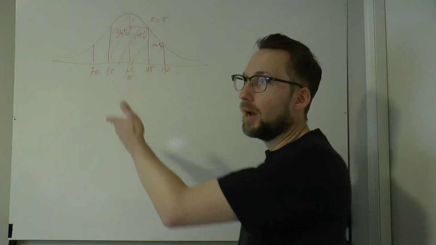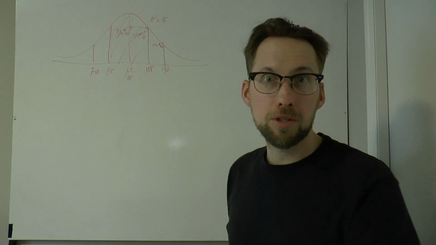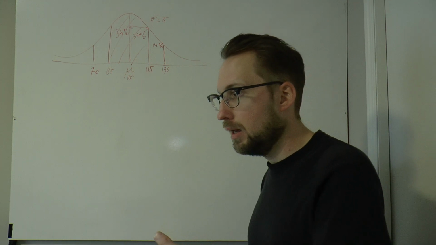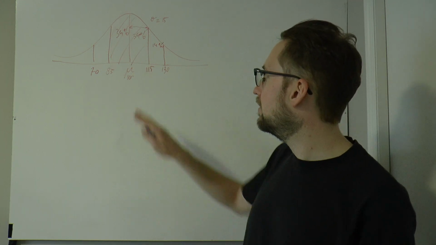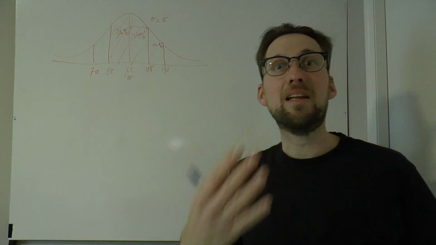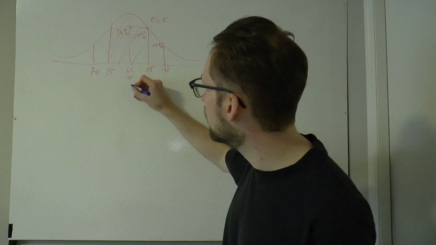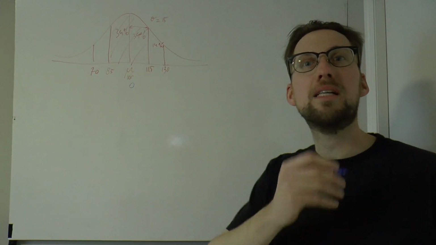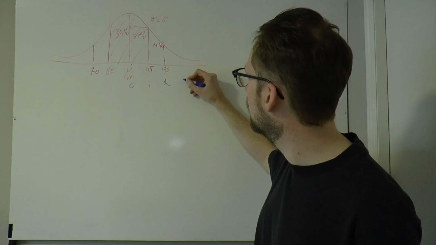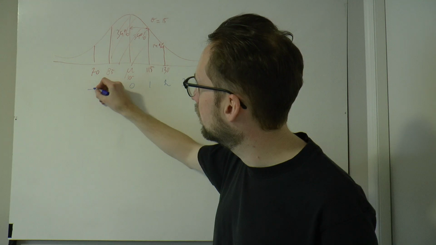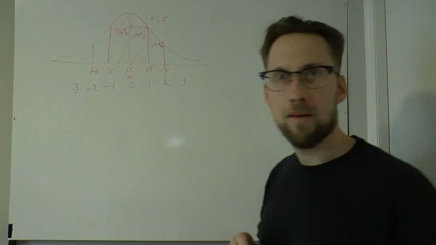If I would be measuring IQ or aggression scores in the population, or how much people speed on average or whatever, every time I would get different numbers here. But the standard normal distribution always has a mean of 0 and always has a standard deviation of 1. 1, 2, 3, minus 1, minus 2, minus 3.